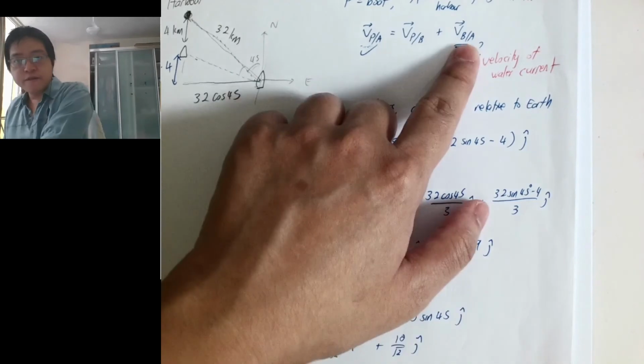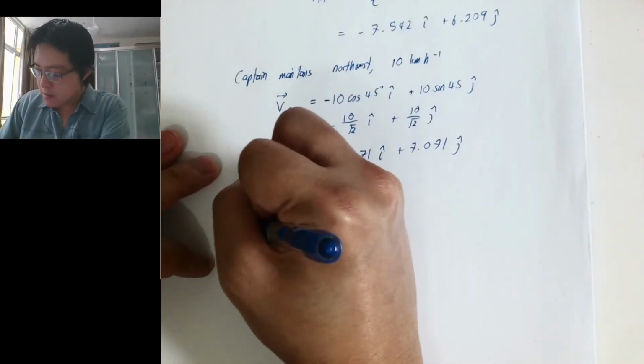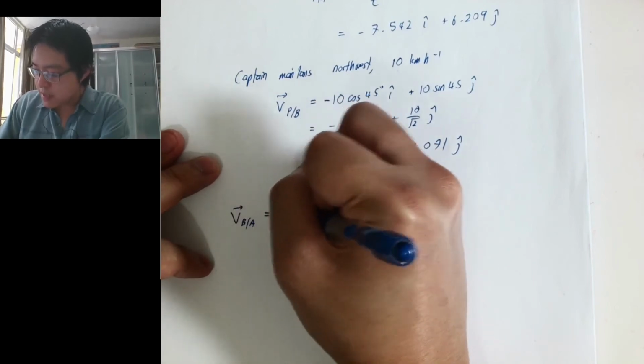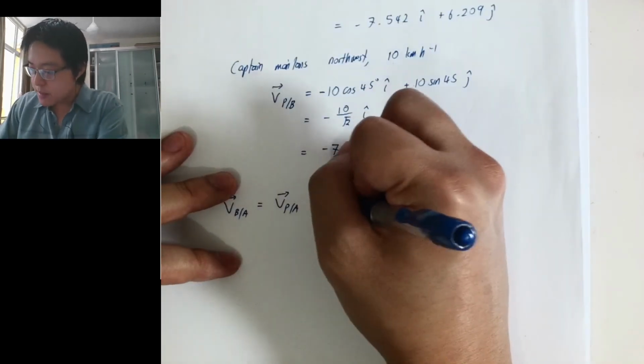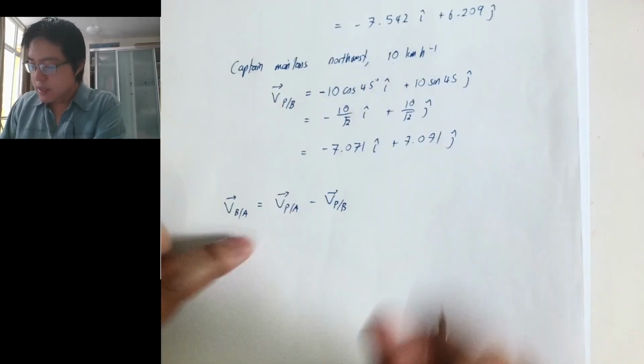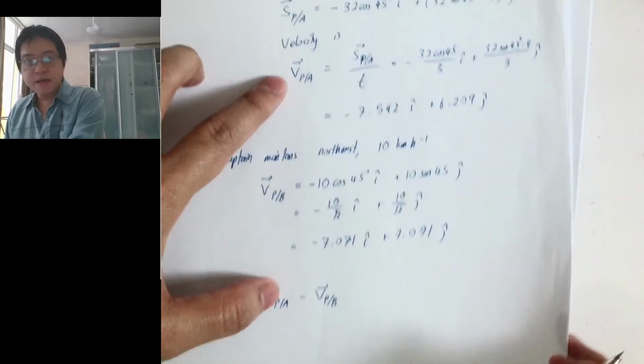So I want to find this equation. Therefore VBA equals VPA minus VPB, bringing this over to the left hand side. I got these two already: VPB is here, and VPA was this thing.